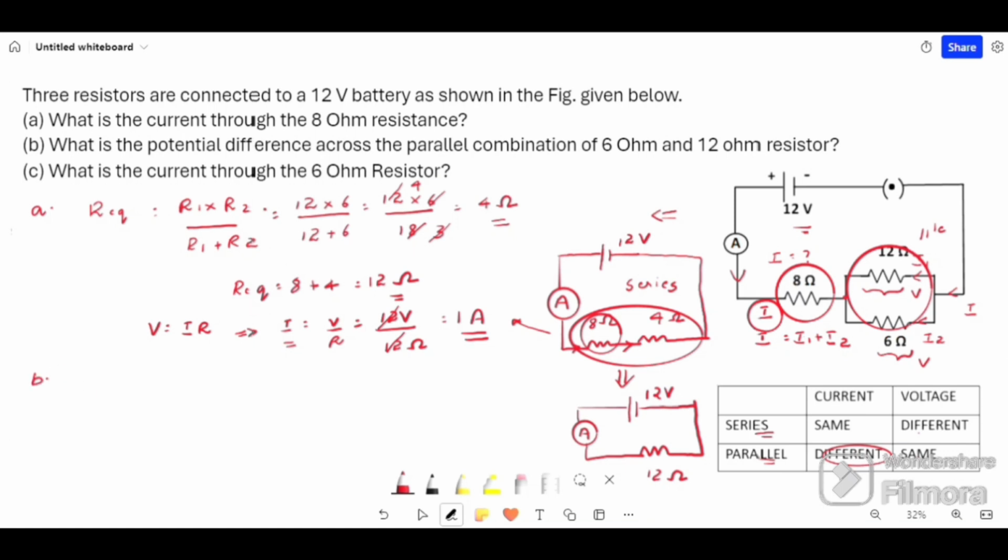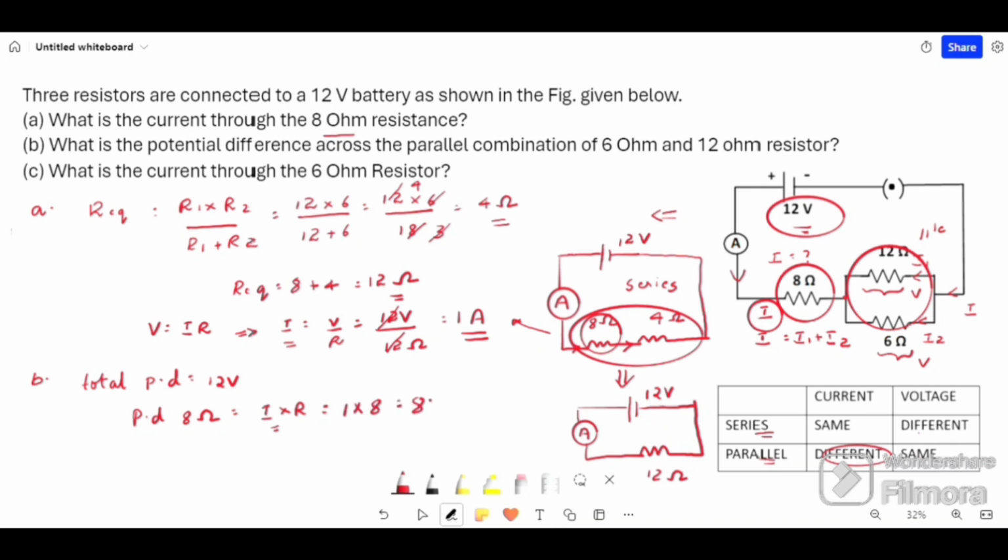Now for question B, what is the potential difference across the parallel combination of 6 ohm and 12 ohm resistor? To find this, we have a voltage source of 12 volt. That is, total voltage or potential difference will be 12 volt. We know that potential difference across 8 ohm resistor will be I into R. That is, I in 8 ohm resistor is 1 ampere, as we found in question A. And R is 8.